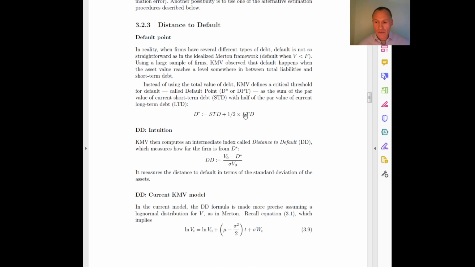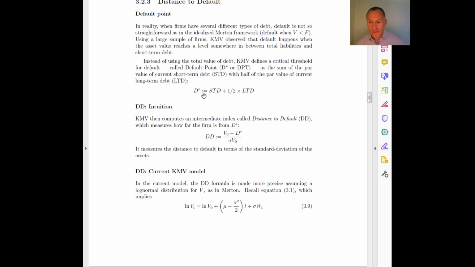And the idea is that the long-term debt is not due immediately, so the firm will not default as soon as the value of the assets falls below the full long-term debt, because not all the long-term debt has to be paid right now. Why 1/2 instead of some other fraction? Again, we don't know. It's probably the case that KMV experimented with different levels, and this one worked well.